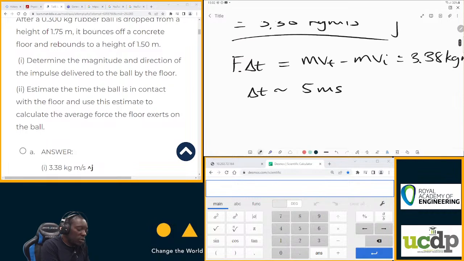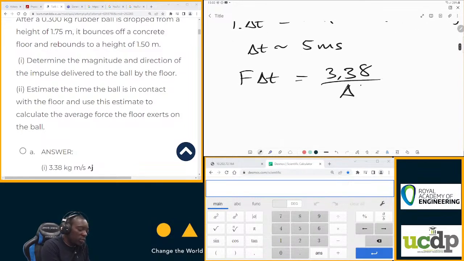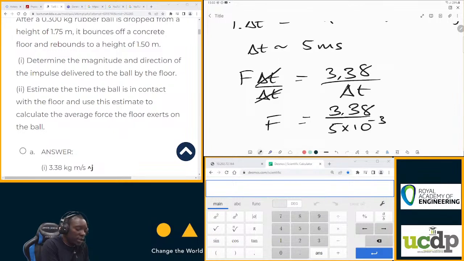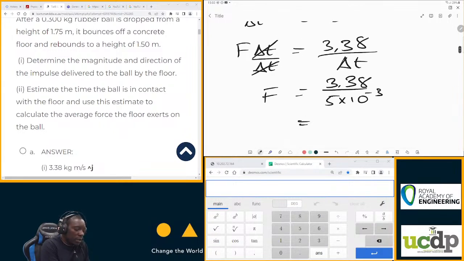So for an estimate of around 5 milliseconds impact duration, then it means force times delta t equals 3.38, and divide by delta t on both sides, where force equals 3.38 over 5 times 10 to the negative 3.